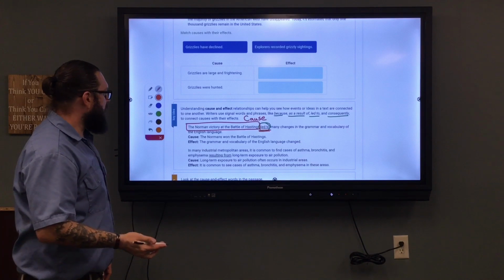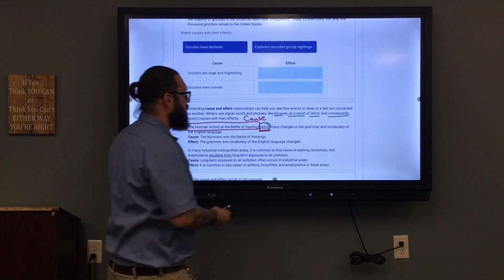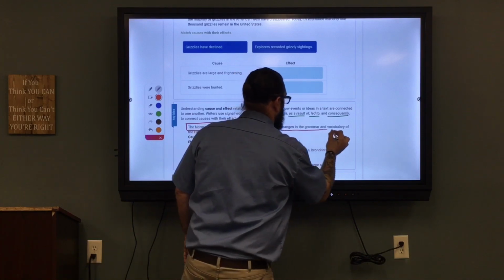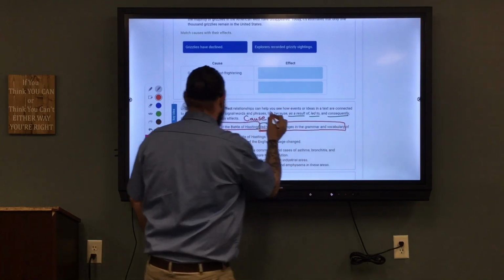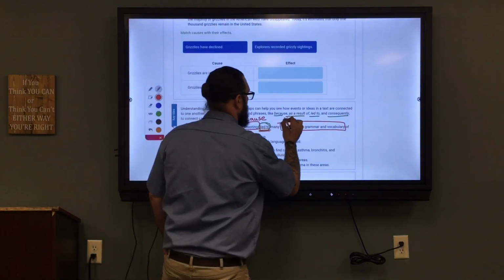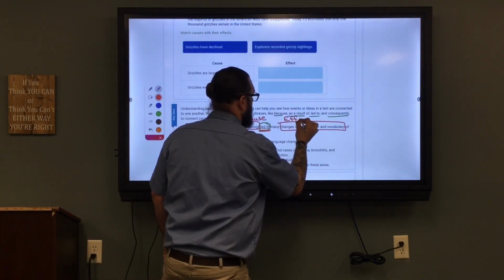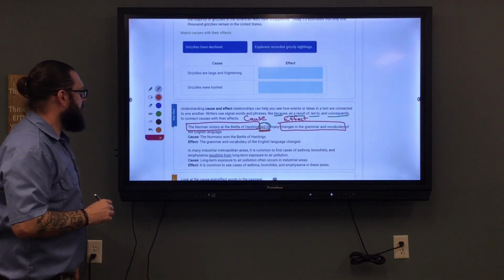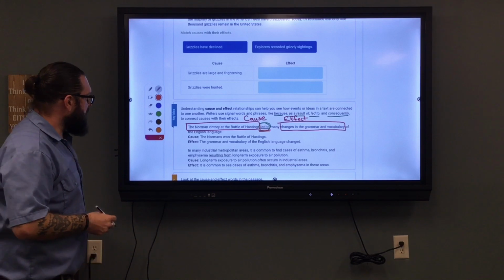So what was the effect? Changes in the grammar and vocabulary of the English language. So that is our effect. Let's look at the next example.